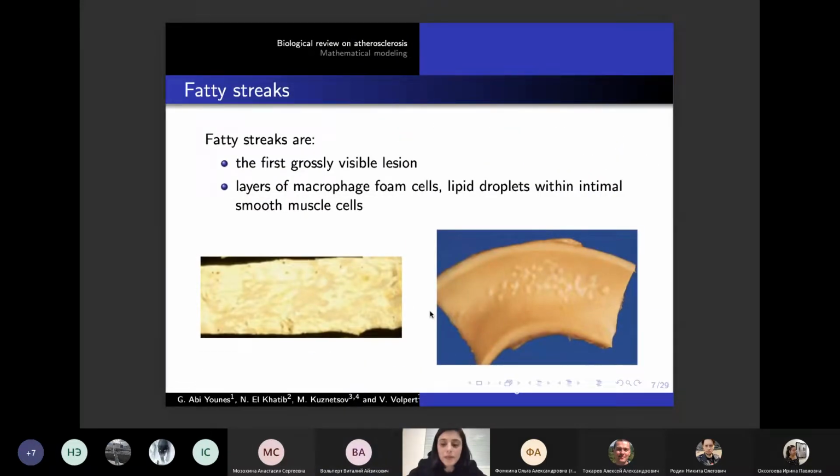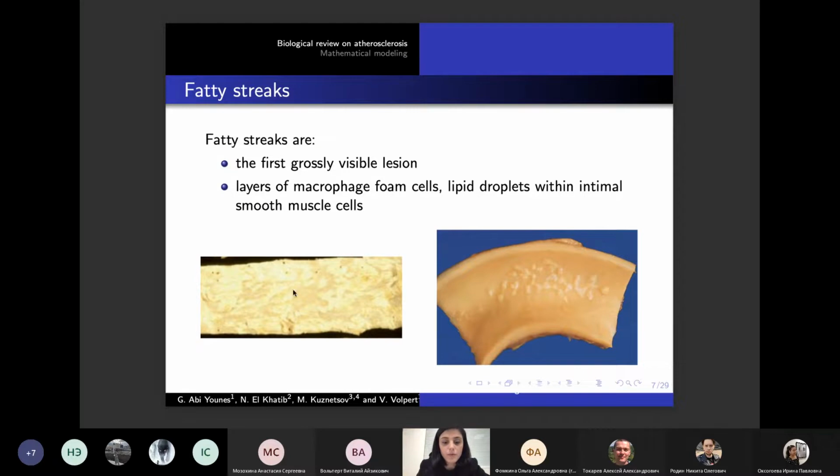As I told you from the title, we would like to study the role of the interaction between inflammation and chemotaxis on the formation of fatty streaks. So what are fatty streaks? I recall that fatty streaks are the first grossly visible lesions, and they are multiple layers of macrophages or foam cells with lipid droplets.